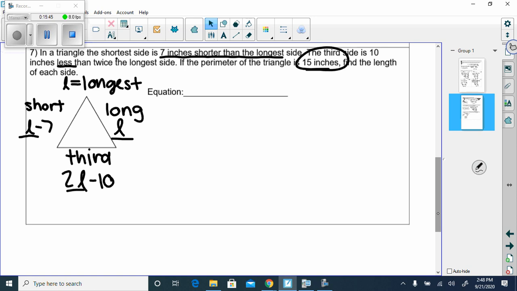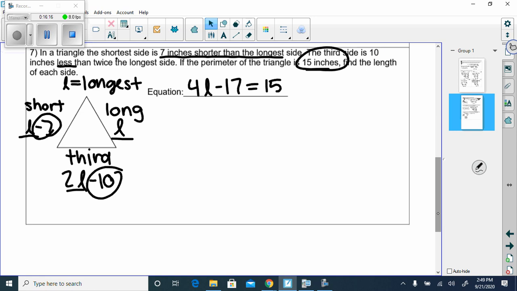So how many L do I have all together? 1, 2, 3, 4. So I've got 4L, and then I still have a minus 7 and a minus 10. Okay. And all together equals 15. Alright, so now I just got to solve this.